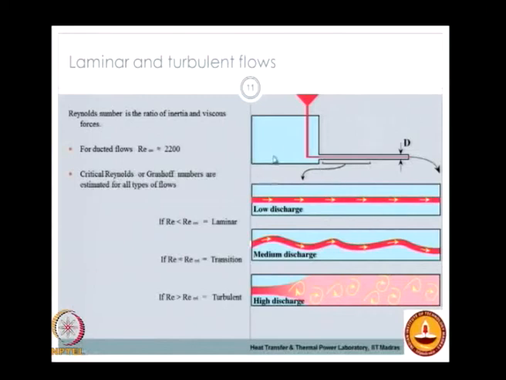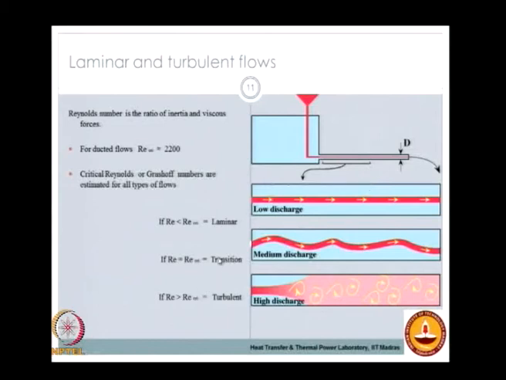This is similar to what Reynolds did in his dye experiment, where he injected dye into the flow of fluid, varied the Reynolds number and observed the path taken by the dye. So you can visualize exactly the path of the dye according to the fluid behavior. In the case of low discharge, where the Reynolds number was less than the critical Reynolds number, he found a very orderly streamlined pattern of the dye, which is the nature of laminar flow.